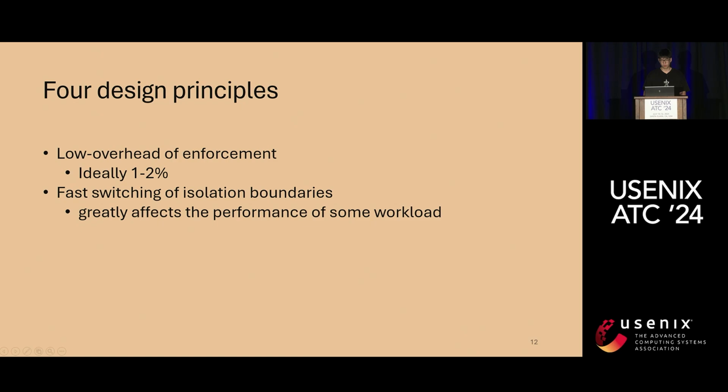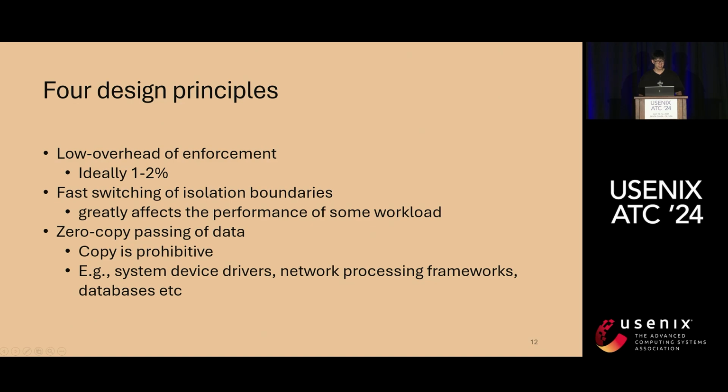For applications with frequent domain switching, like high-speed trading or network packet processing, the overhead of domain switching greatly affects the performance. And we need zero-copy passing of data. System device drivers, network functions, data centers, and databases, etc., require frequent passing of data between isolated subsystems. In these systems, the overhead of passing data between systems is prohibitive.